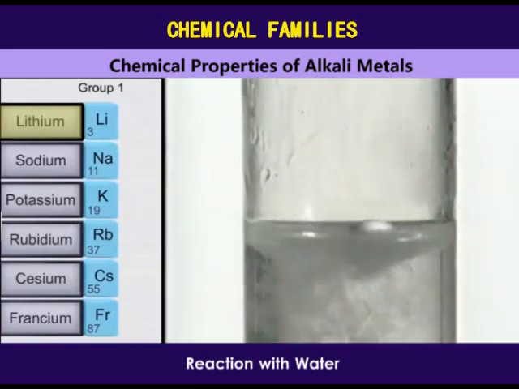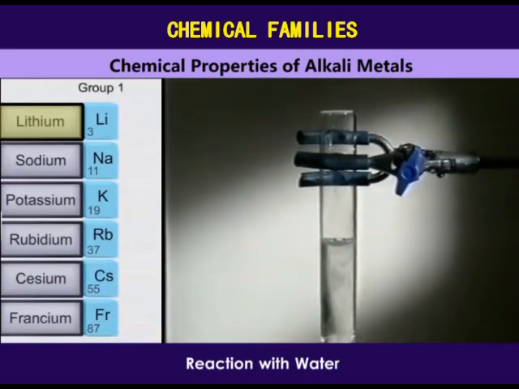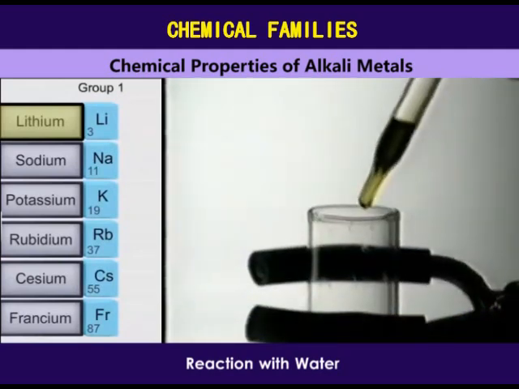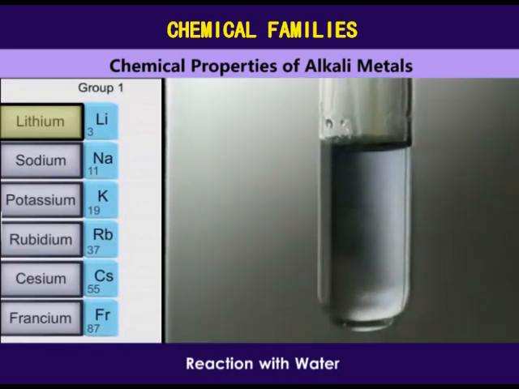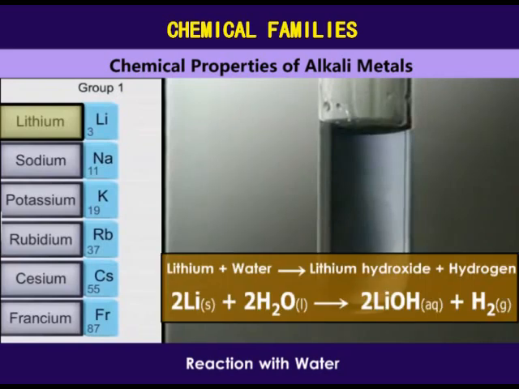By putting a tiny piece in a test tube, we can test the gas with a burning splint. A pop sound means it's hydrogen. A universal indicator shows that at the end of the experiment, the solution is alkaline. Lithium reacts with water to form lithium hydroxide and hydrogen gas.